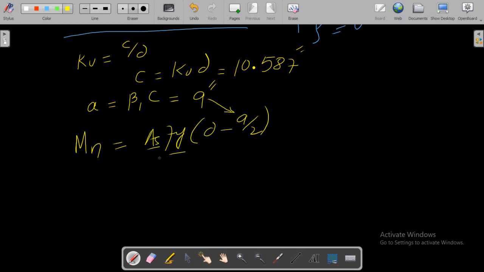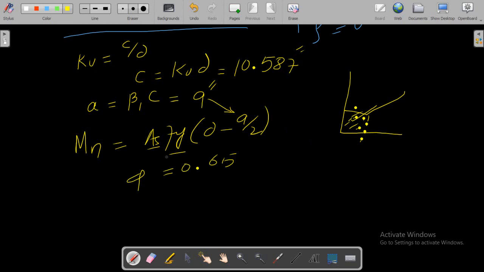So 9 inches divided by 2, and here it is important, because as we see the section is in a compression region, from the graph it is clear the section is in the compression region here, right? In this zone the section is under compression, so that is why the phi value will be 0.65, right?